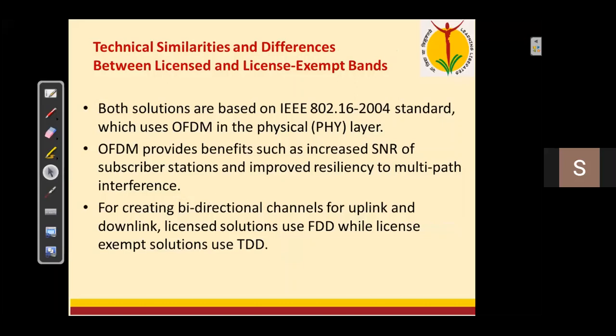So basically, both the licensed and the unlicensed band are being used. The solution is the standard 802.16-2004, which uses, in the physical layer, the multiplexing technique that mobile technology uses nowadays, OFDM, orthogonal frequency division multiplexing.